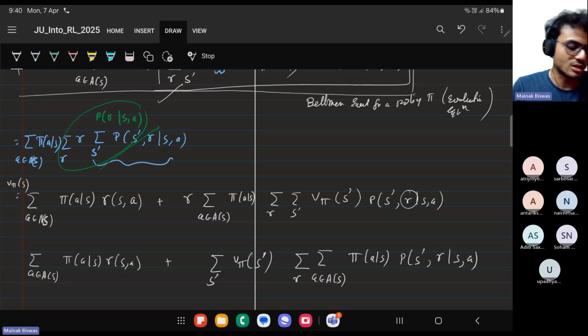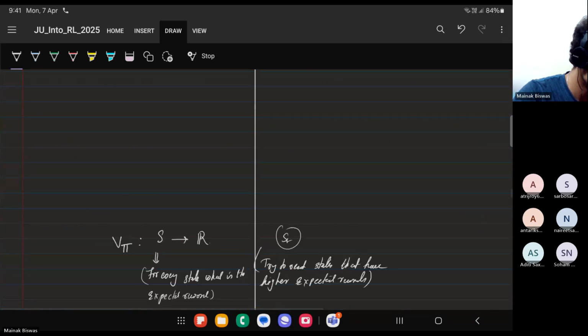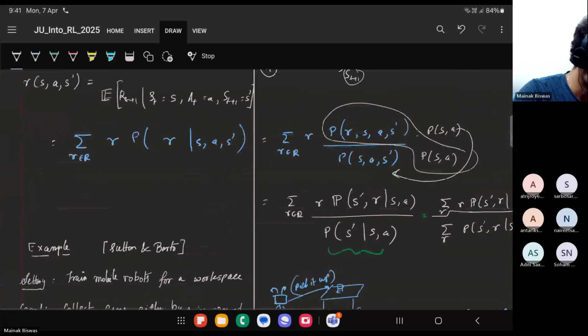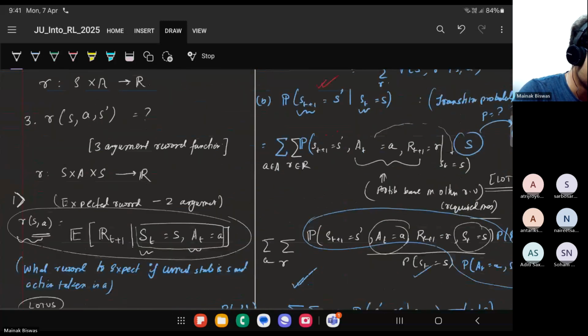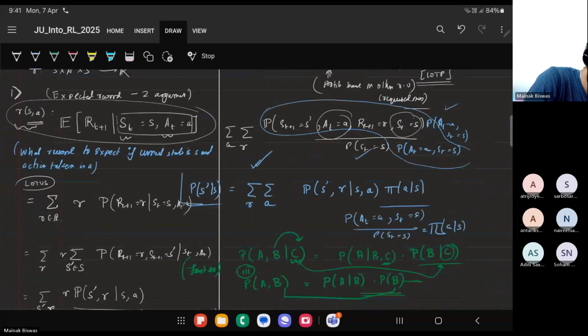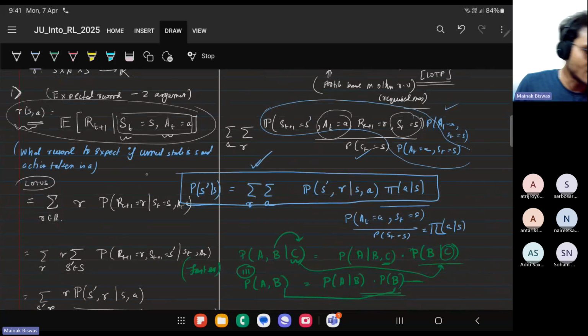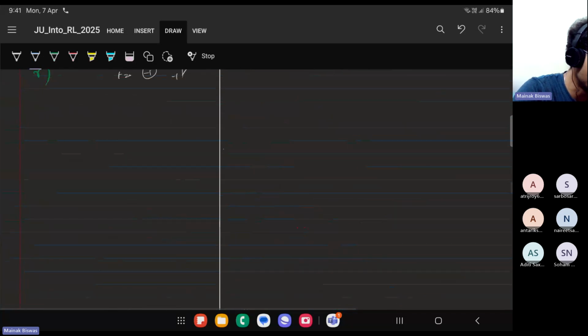Do you recall this inner equation? We have already derived this once. I'll show you what we had derived. There you go. This is the transition probability from state s to state s prime, given a policy. So I will just replace that with the transition probability, just simplifying.